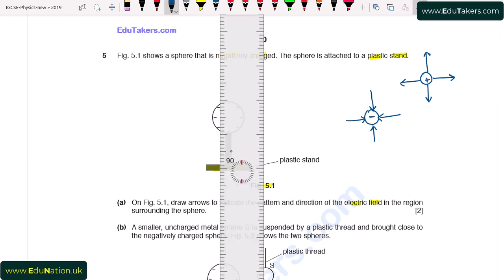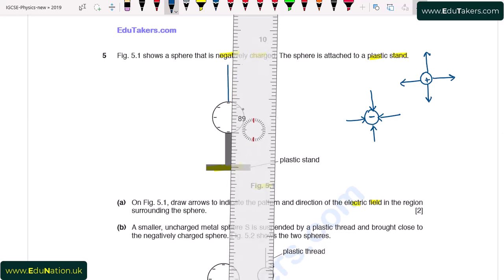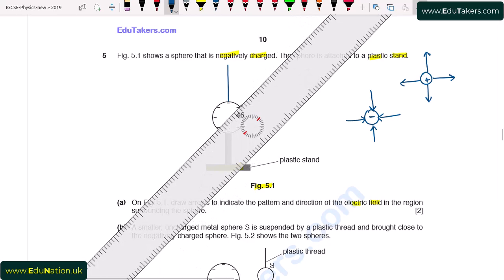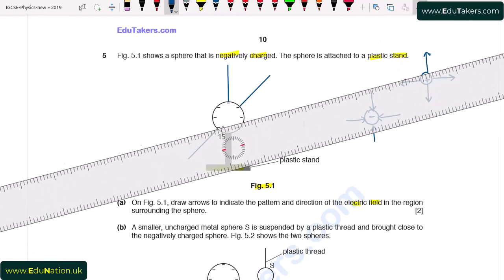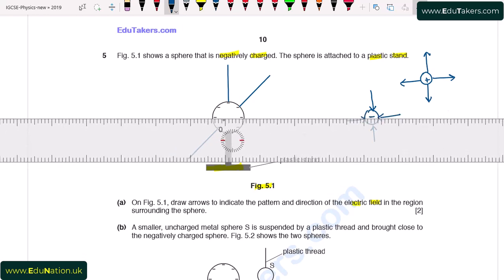So I am going to draw these. And all of these lines should be equidistant. The distance between them should be equal.